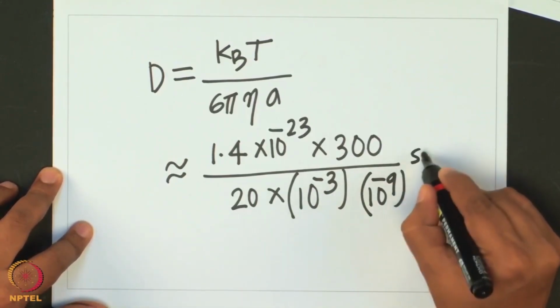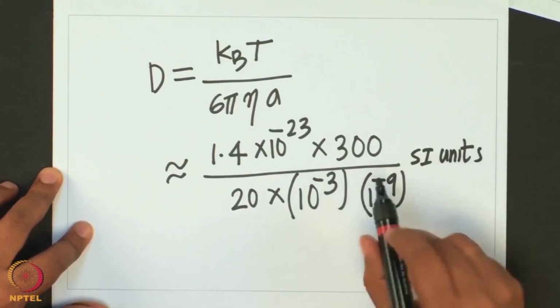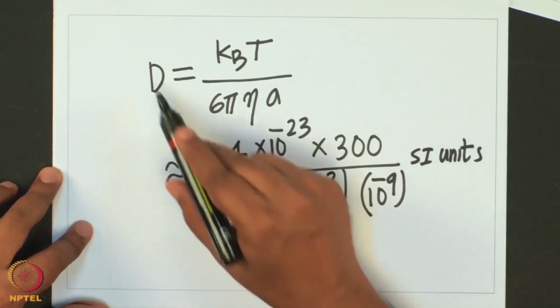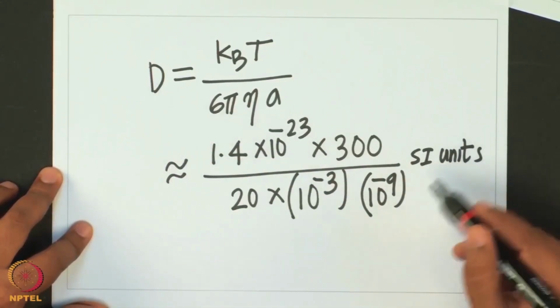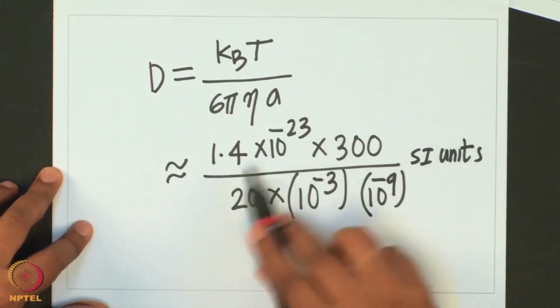So everything is in SI units, and if I substitute everything, I should get D in meter square per second.